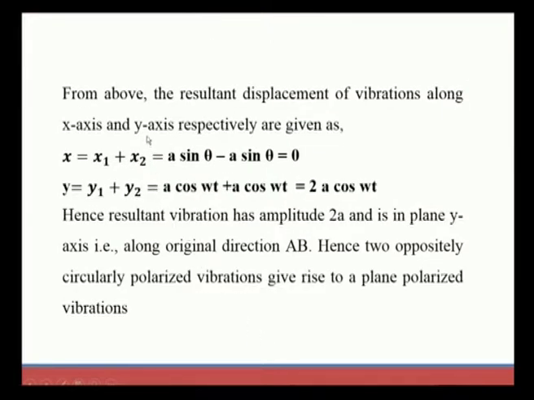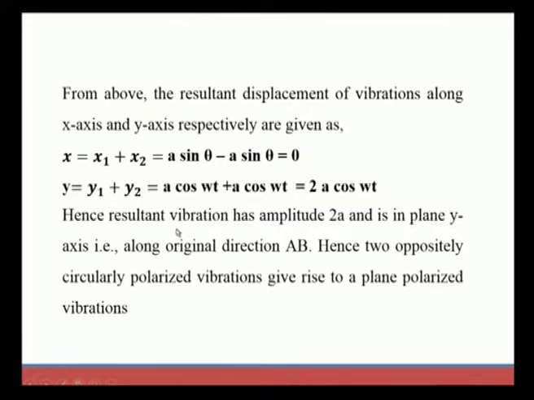From the above, the resultant displacement of vibration along the x axis and y axis is x equal to x1 plus x2 and y equal to y1 plus y2. Substituting the x1, x2 values and y1, y2 values, we get the x value as 0, and for y we get 2a cos omega t.